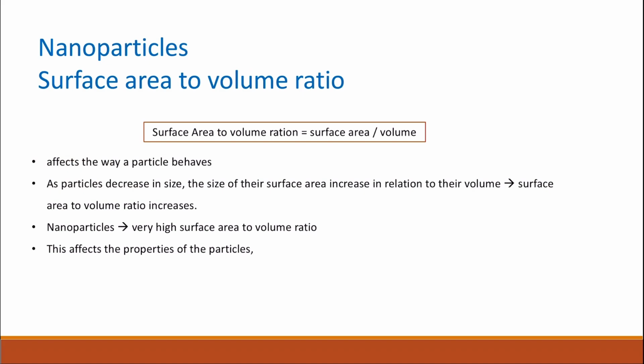So, what is the property of nanoparticles that makes them useful? The most important property for nanoparticles is their surface area to volume ratio. Surface area to volume ratio is basically the surface area of the particle divided by its volume, and it affects the way a particle behaves.